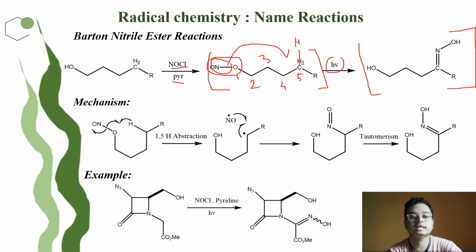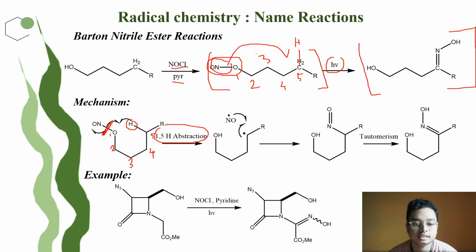Initially, the starting material preparation is very easy and convenient, and after that this particular bond breaks apart, and this radical picks up the proton present at the fifth position in terms of NO. Like this is 1, 2, 3, 4 and 5. So this bond is first cleaved and then 1,5 hydrogen abstraction takes place.